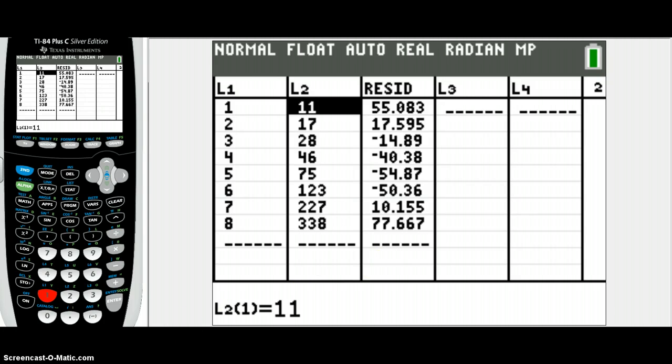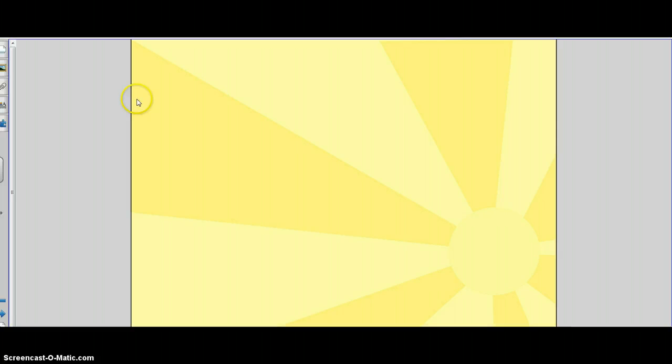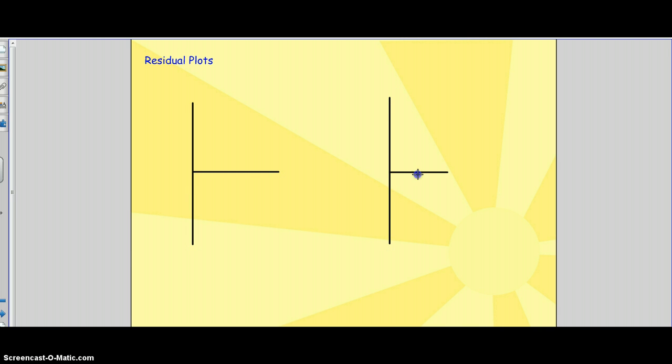When you draw your residual plot, so let me make a little note of this here. I'm going to freehand this in a second. I'm going to show you what a good one and a bad one would look like. And you would have to explain this in your own words. Your residual plot in the book for this should look something like this. This is bad.